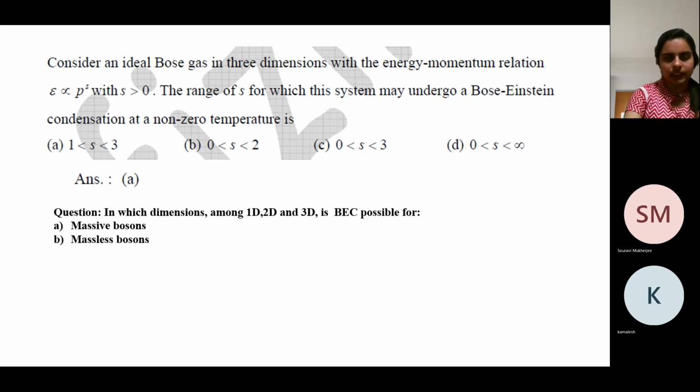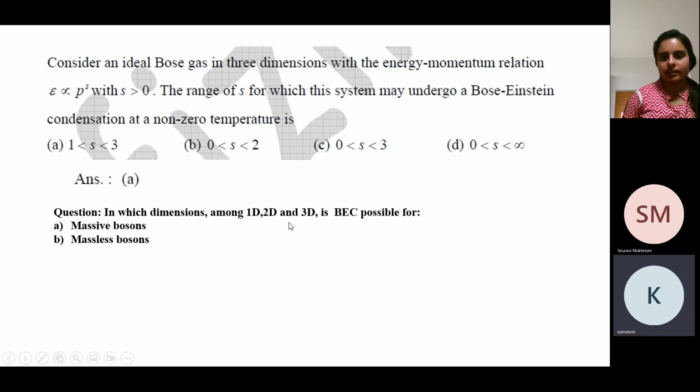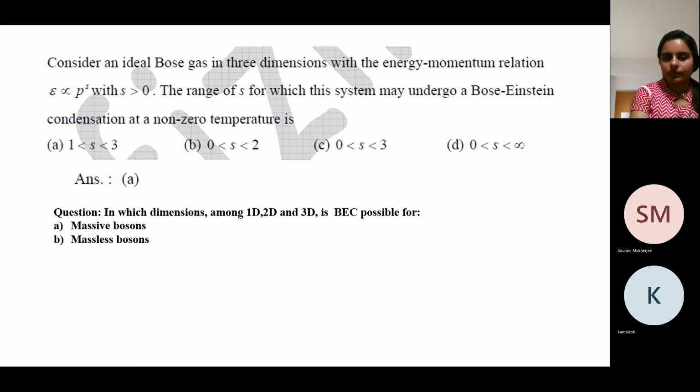Now this is a continuation of the same question: in which dimensions among 1D, 2D, and 3D is Bose-Einstein condensation possible for massive bosons and for massless bosons? Use the same relation that we just derived, that d by s is greater than 1, and tell me where Bose-Einstein condensation can be possible for massive bosons.